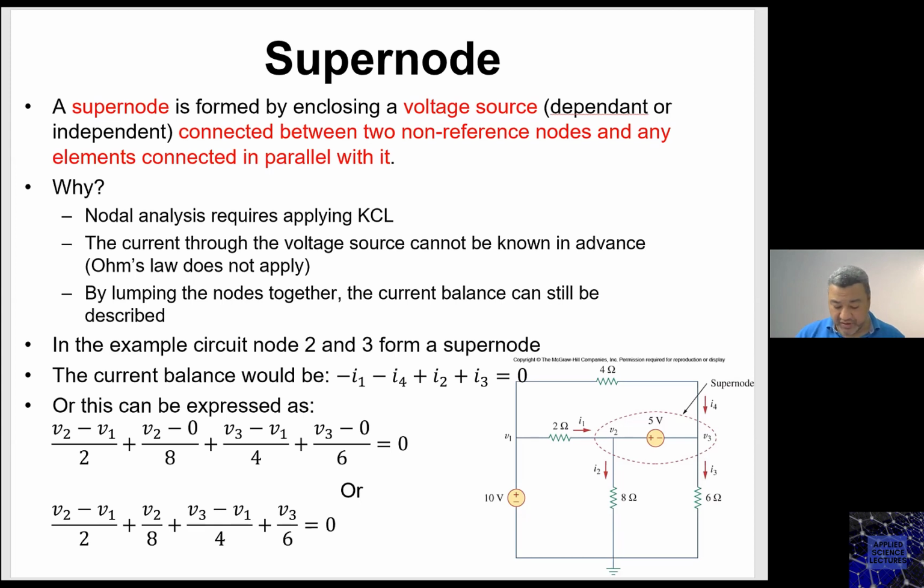Notice that this dotted circle is intercepting all the branches that are connected to V2 and V3, such that it encapsulates that voltage source and any other branch that is connected in parallel with this voltage source.